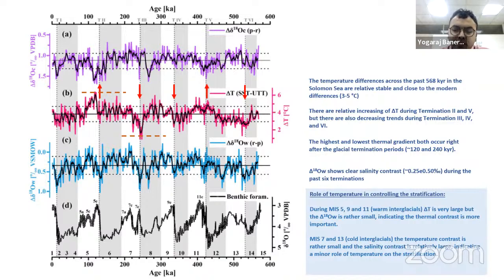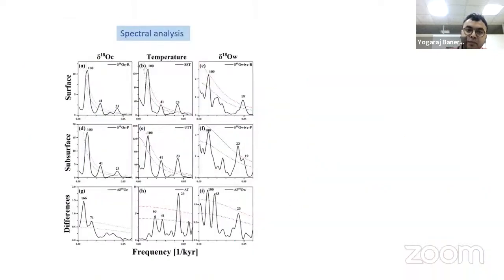So these are the time periods when the thermal contrast is more important in driving the stratification. However, if we look at the MIS 7 or MIS 13 time periods, the cold interglacials, the temperature contrast is rather small, but the salinity contrast is relatively large. That means the temperature is not the critical parameter driving the stratification during these time intervals.